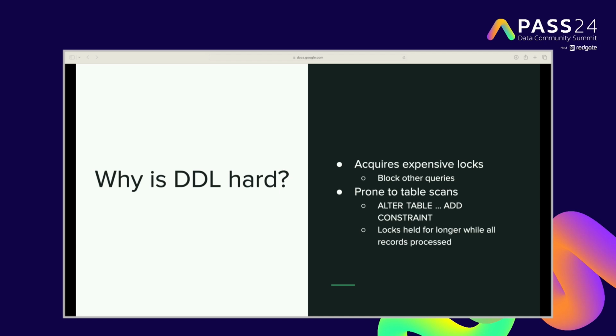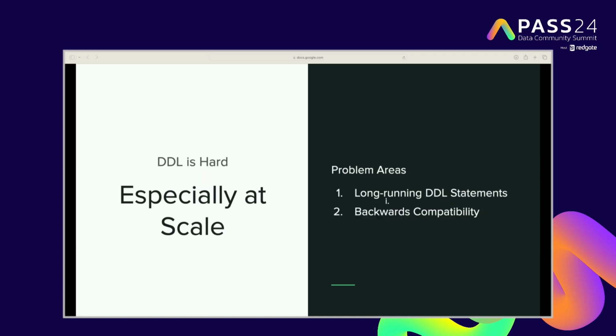Let's talk about why DDL is hard to run. A lot of DDL statements will acquire heavy locks, which can block other queries. Some statements will also do table scans, which is when they have to visit every row in Postgres tables. This makes them run for a very long time while they hold on to those expensive locks.